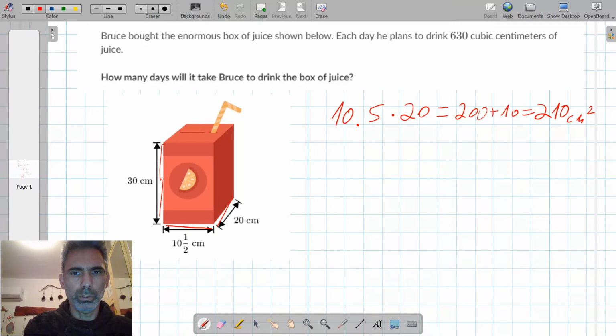Okay, so the volume of the box is base times the height.